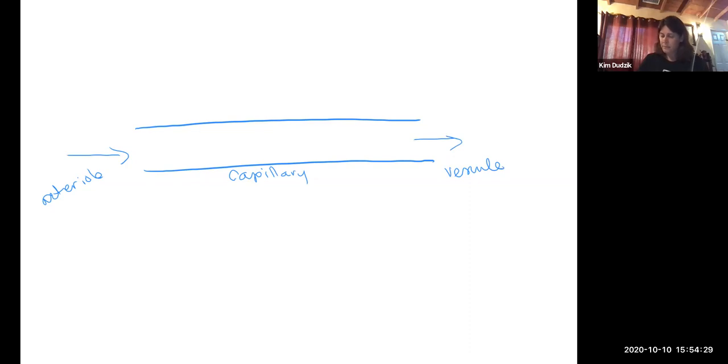Okay, and any movement of fluid out is called filtration. Remember, out of the capillary.